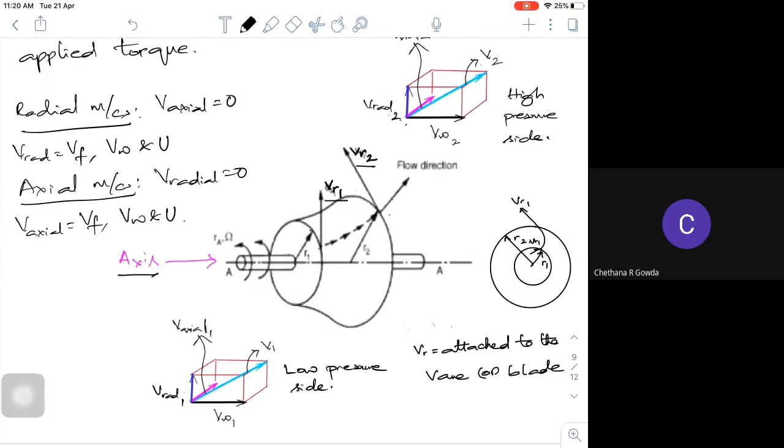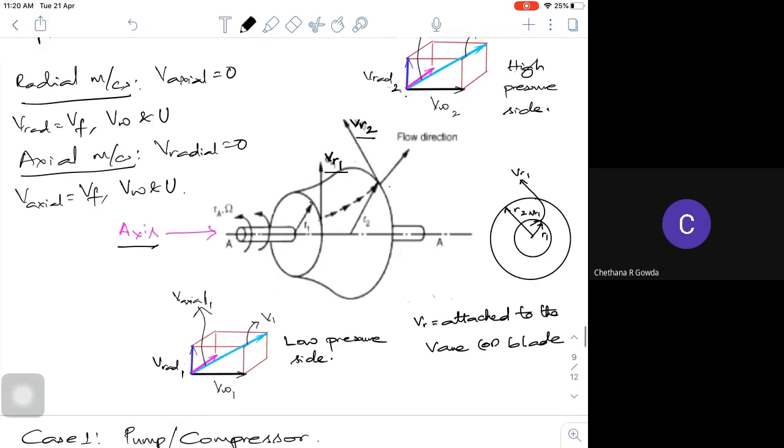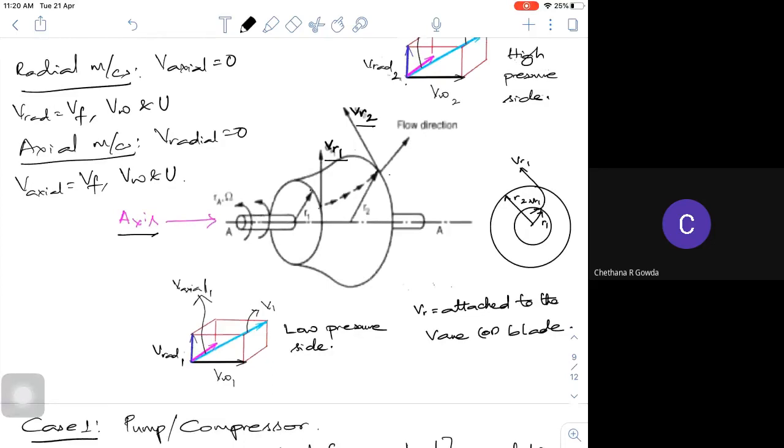That means the flow is really attached to the vanes, between the vanes, and streamlined. That's the meaning of it. Now, the low pressure side is on the hub side, and the high pressure side is on the tip side.